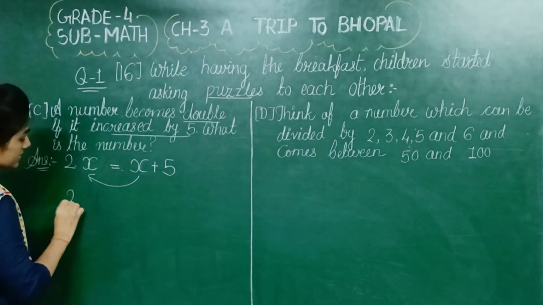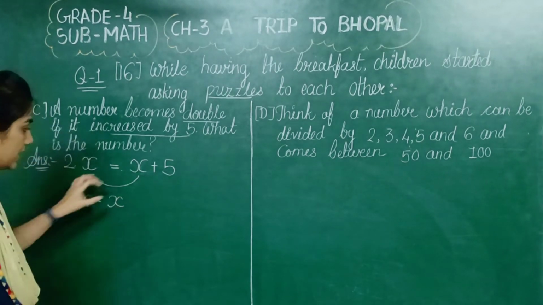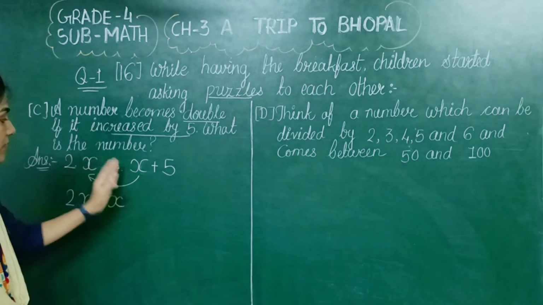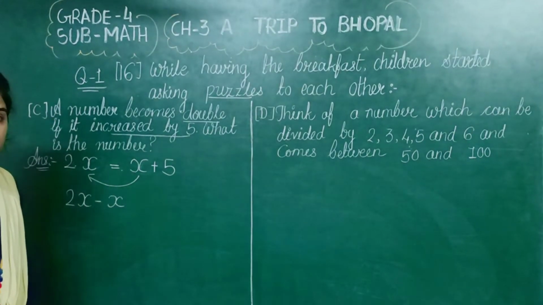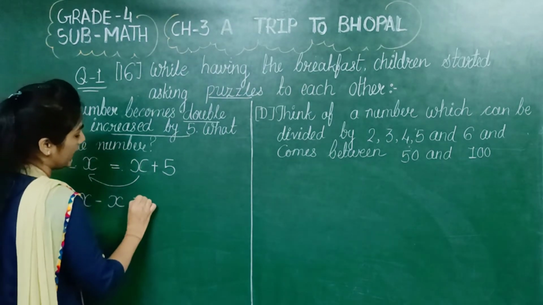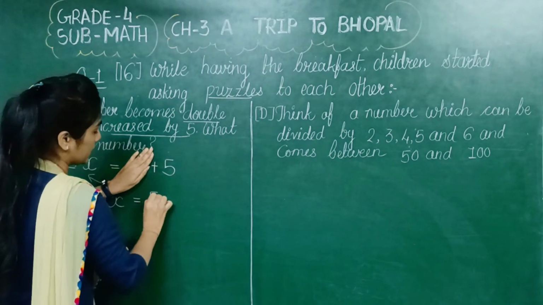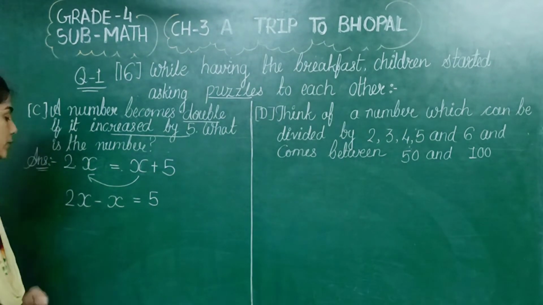That means it is 2x minus x. If we move this x to the other side of the equals to, a subtraction sign will come, right? And after the equals to, only this 5 is remaining, that is 5. So this step we are having now.